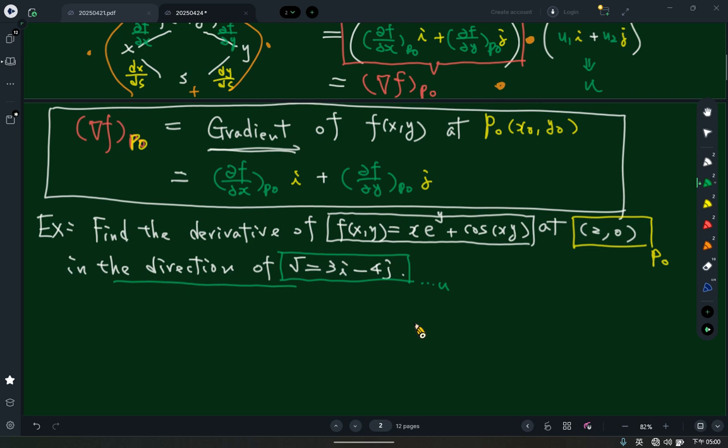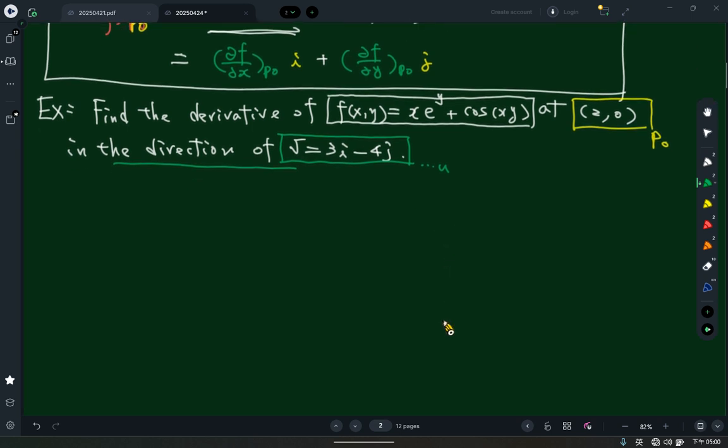So you can see three key factors when you want to get the direction of the derivative, right? We already identified these three key factors. The first one is we need to convert it into a unit vector. So if we want to get the u, it will be this v over v's length.